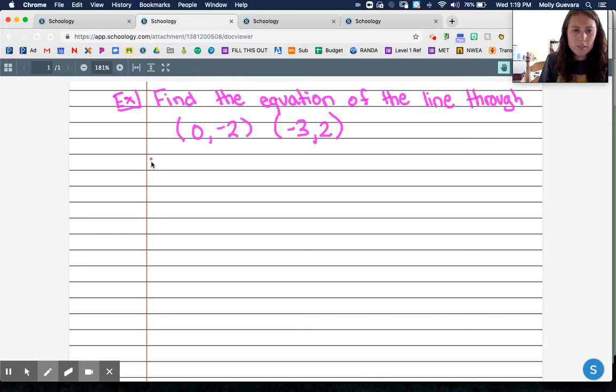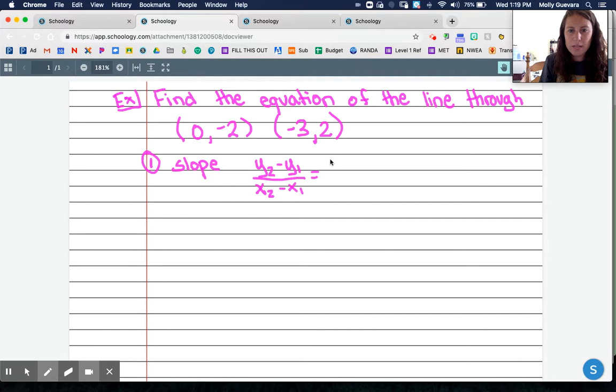Okay, so the first thing I have to do is find slope. I don't know the slope already. I have to find it. So I'm going to do my y2 minus y1 over x2 minus x1.